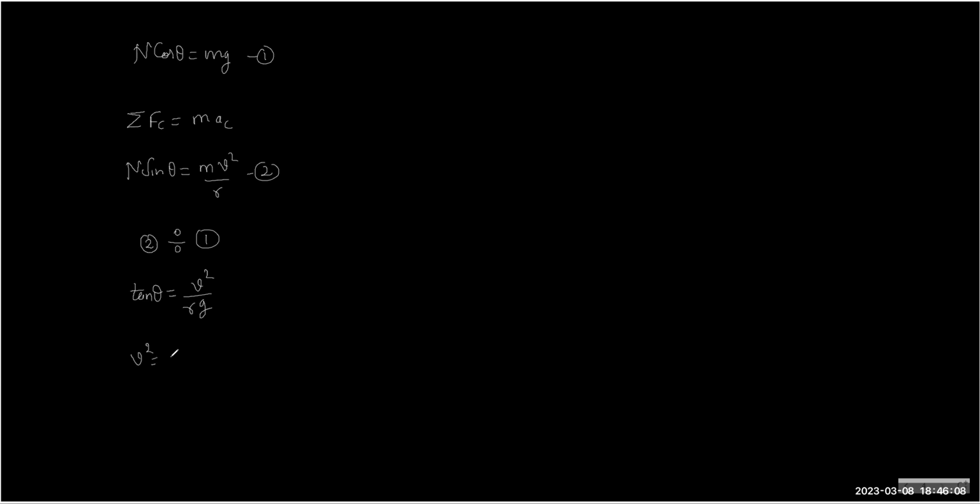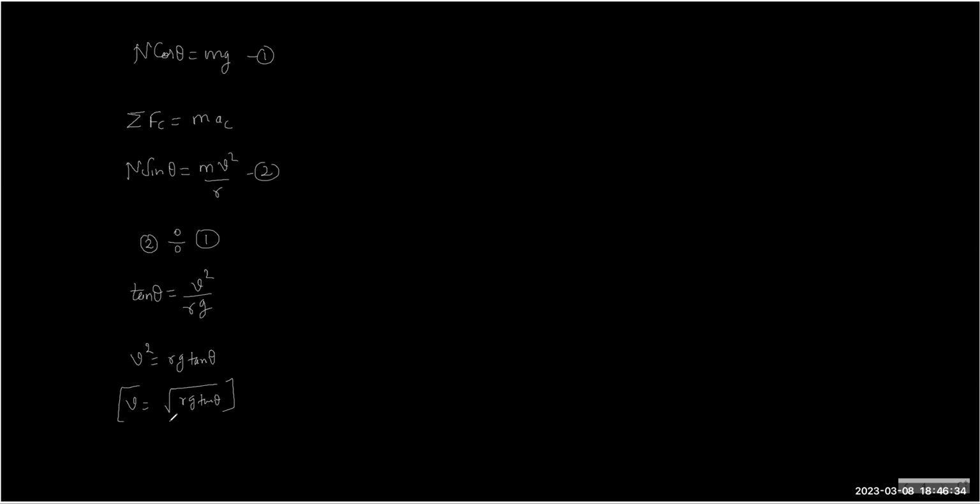See, if everything is constant, then v is also constant, right? Which simply means only if v equals the square root of RG tan theta, you can move on that track.